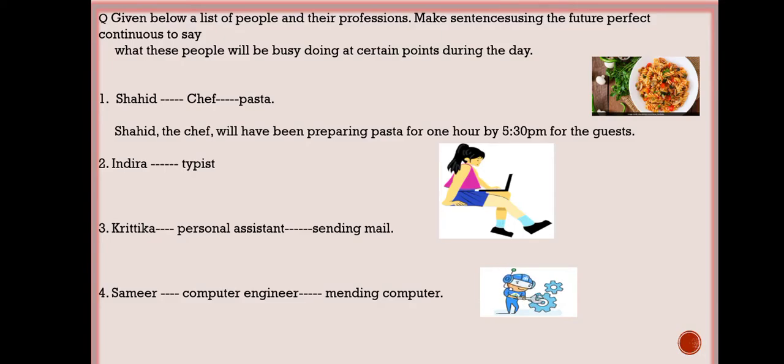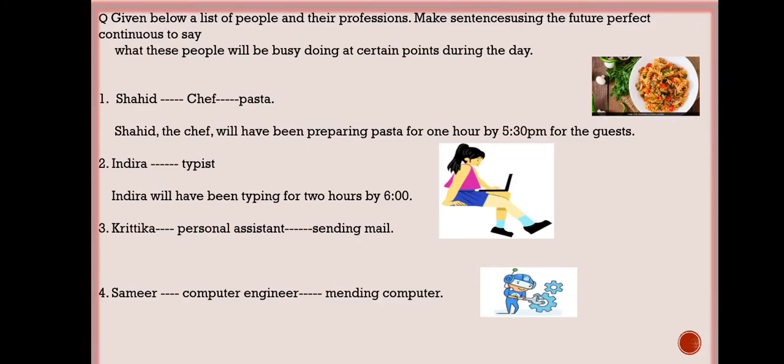With these two clues, we will be making the sentence using future perfect continuous tense. Structure we already know: shall or will, then have, been, then the present participle form of the main verb. So, what will be the answer? Let's check. Indira will have been typing for 2 hours by 6.